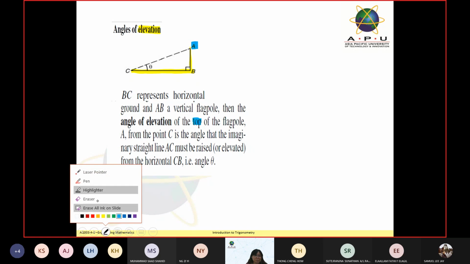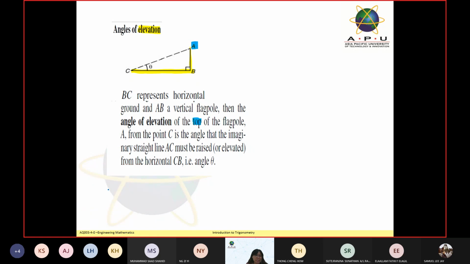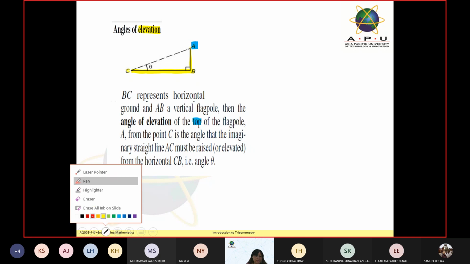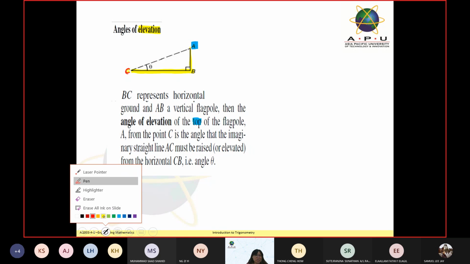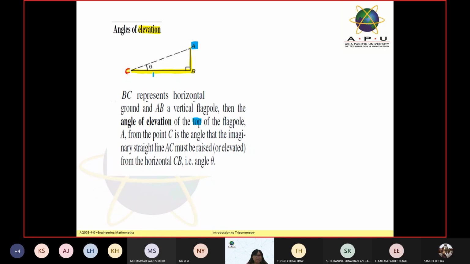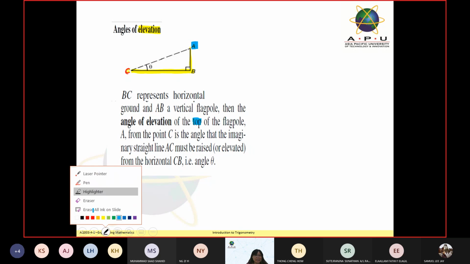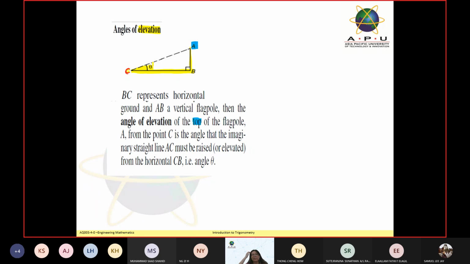Can you see this is the angle at C? So this is your C. Can you see this theta? The theta that we just mentioned here is actually referring to the angle of elevation.